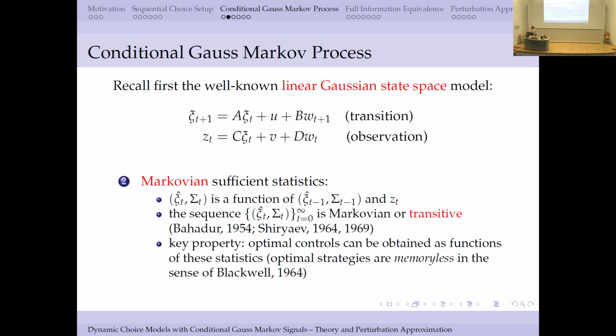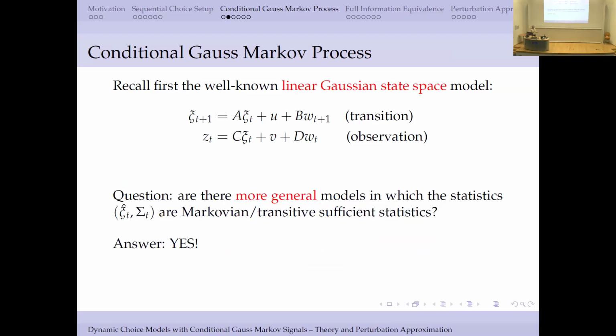If you have Markovian or transitive sufficient statistics, then it follows that optimal controls are functions of these statistics, or in the terminology used by Blackwell, optimal strategies are memoryless. If you just remember those sufficient statistics, you can discard all of the rest of the memory. You don't need the entire history of Z's. Your optimal strategy is only a function of these sufficient Markovian statistics.